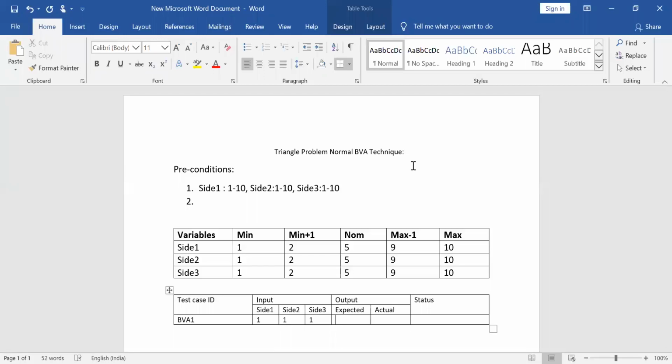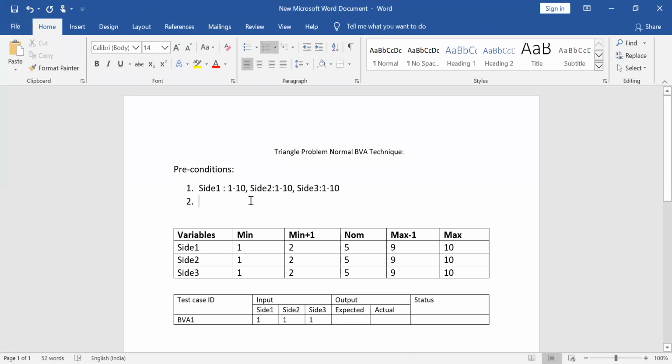What will be the expected output? Before going to this, our second precondition plays a vital role. Now we need to say side 1 plus side 2, whatever the value that you are getting, should be greater when compared to the other side. It is not only one condition, you need to check for all the subsequent sides.